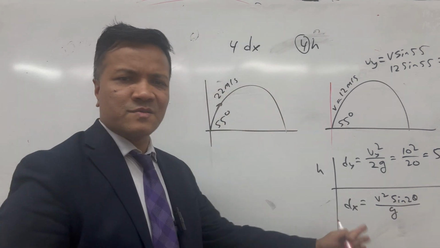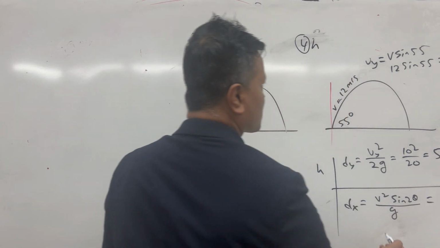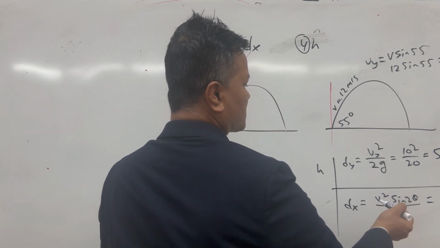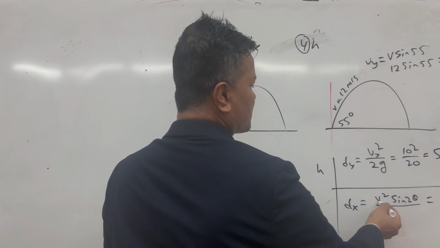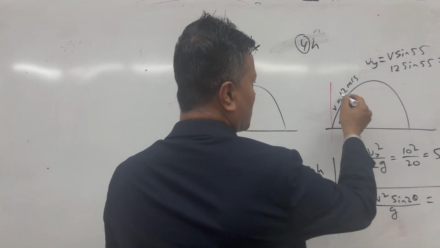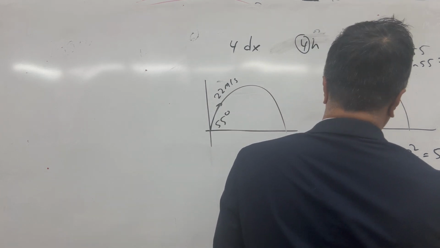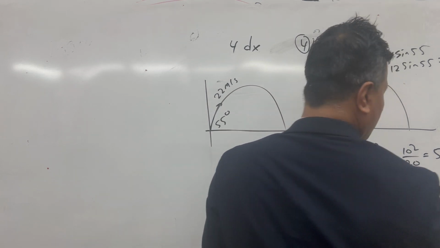As you see, v squared for this one is 12 squared, so 144 sine 2 theta.